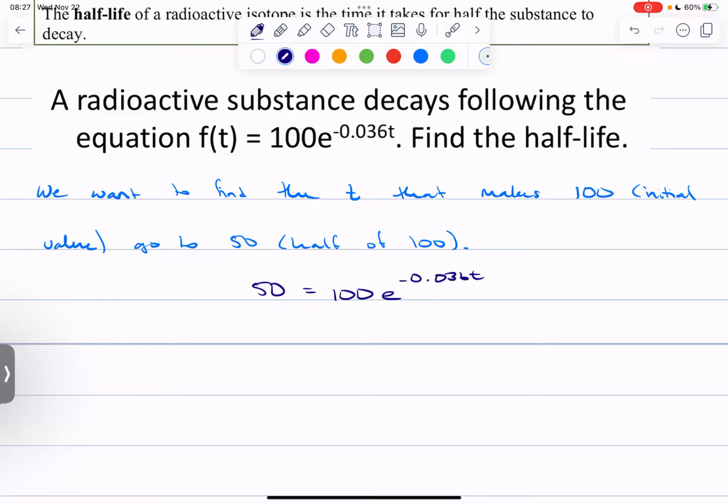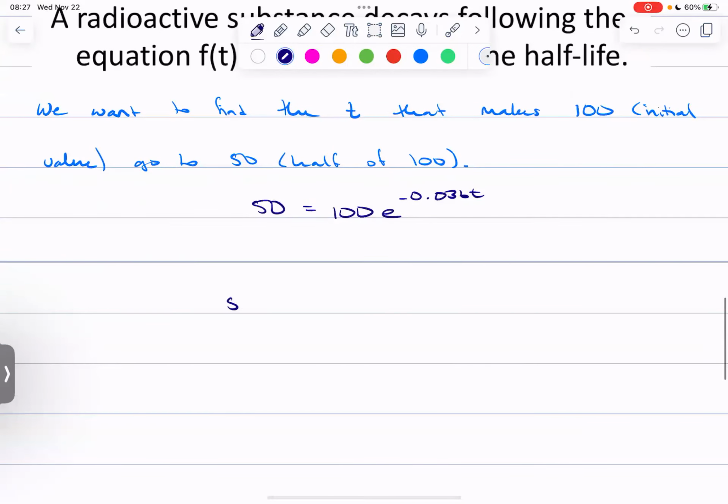And I want to solve for t. All of a sudden, we're back to something that we know how to solve already. First, we get the exponent on its own, so we divide both sides by 100. I'm going to put it on a fresh page here. E to the negative 0.036 times t.